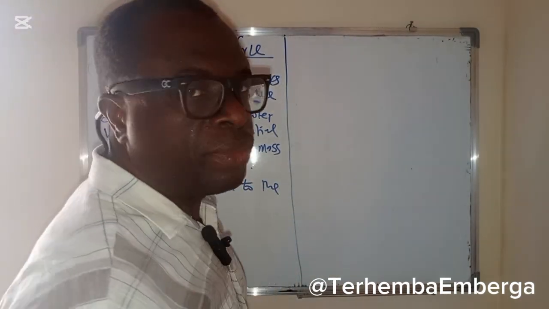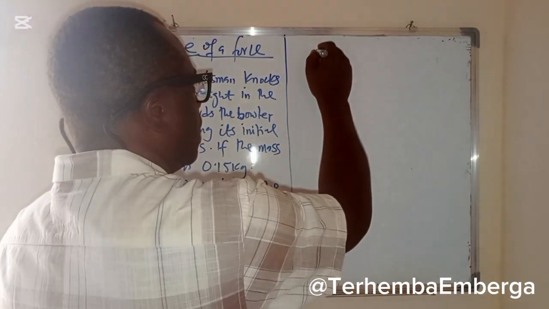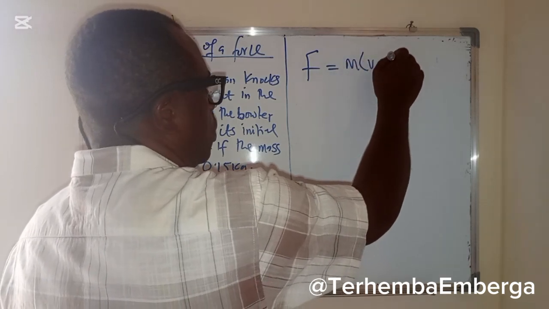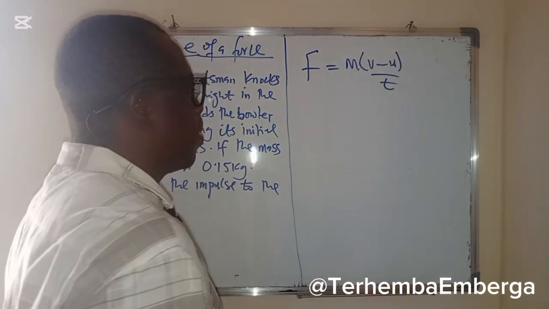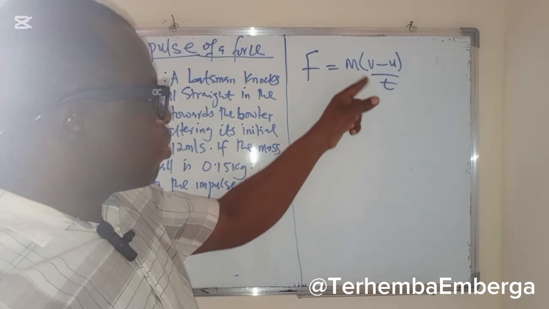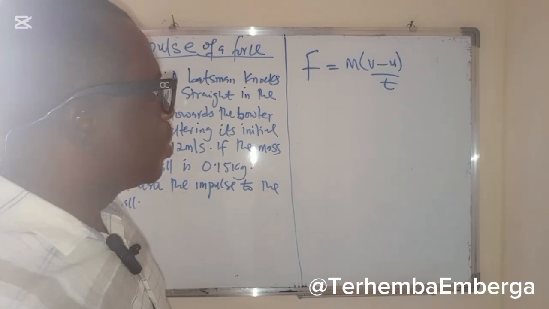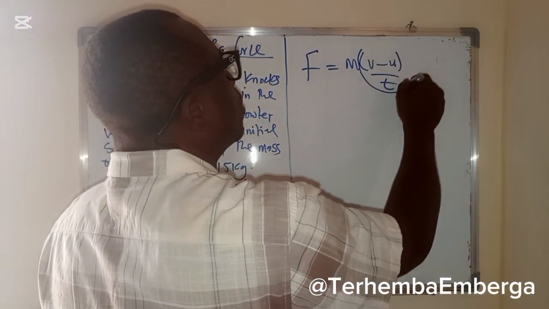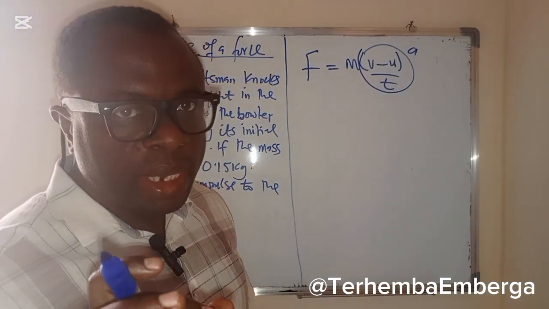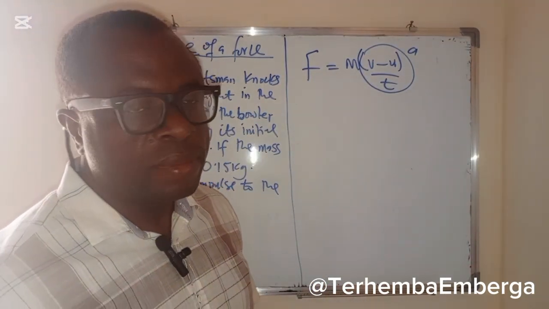Assuming this is the mathematical statement of Newton's second law of motion, that F is equal to the rate of change of momentum. This is what we call acceleration, because we define acceleration as the rate of change of velocity.